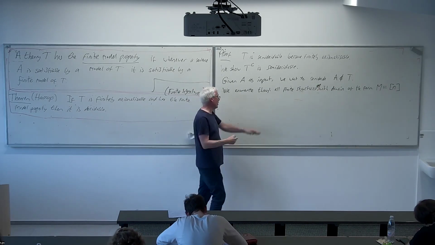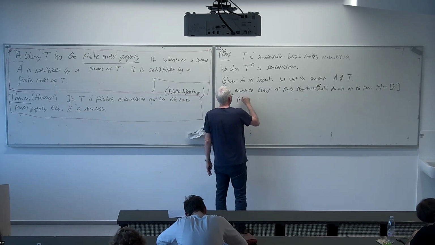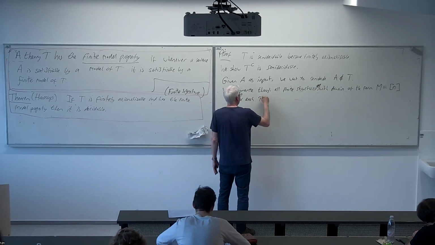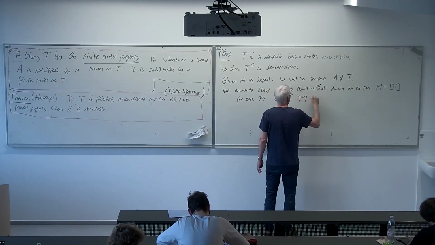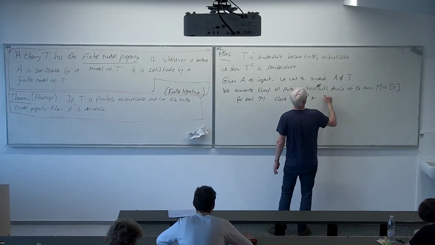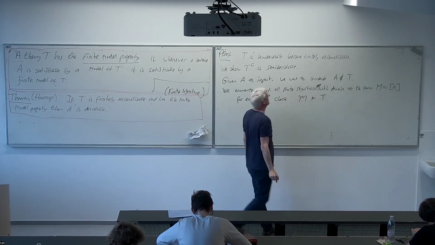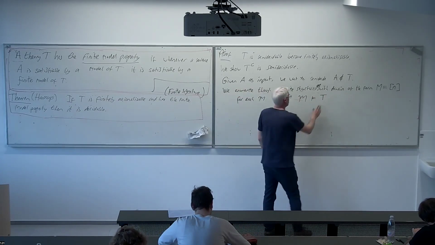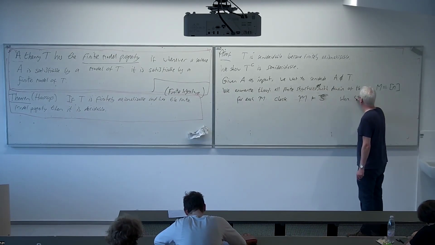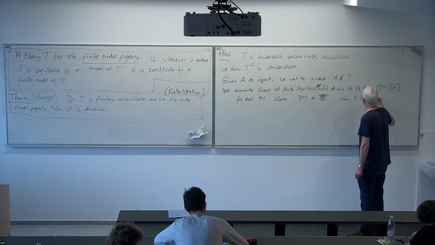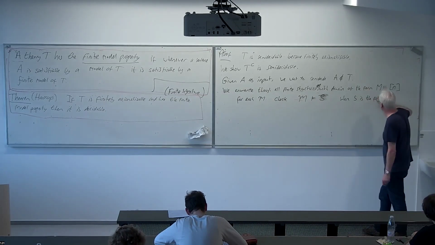And then for each such M, we check that M is a model of the axioms, M is a model of S, where S is the finite axiomatization.